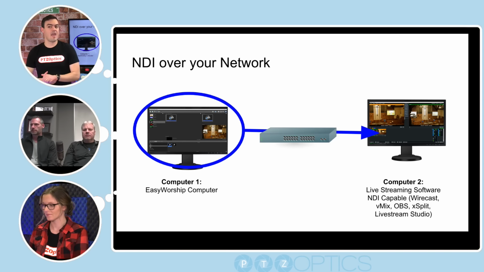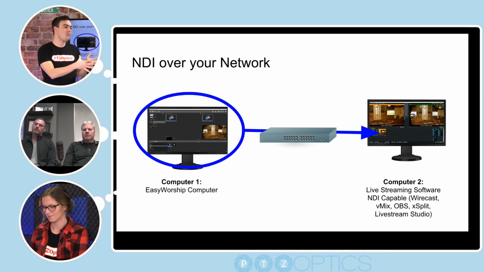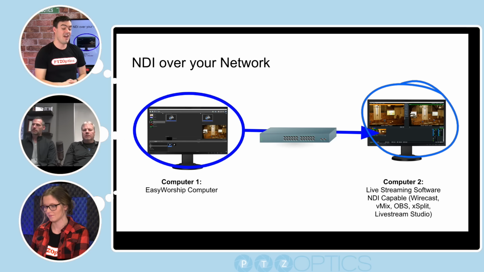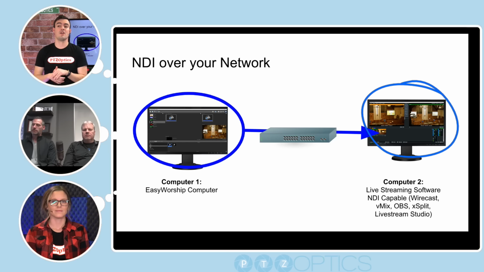Now, another way to bring in the EasyWorship output, whether you're bringing in a camera with lyrics on top, or a presentation with maybe animated alpha channels and video, a really beautiful presentation, and you want to incorporate that into your live streaming software, is another very easy way to do it. Remember, EasyWorship 7 supports NDI in and out.